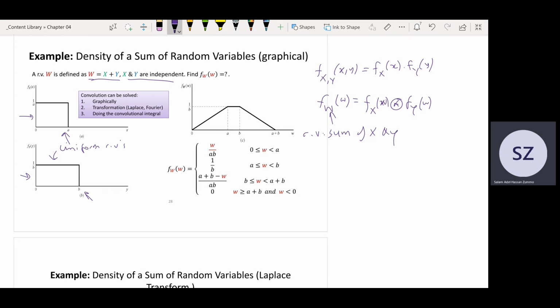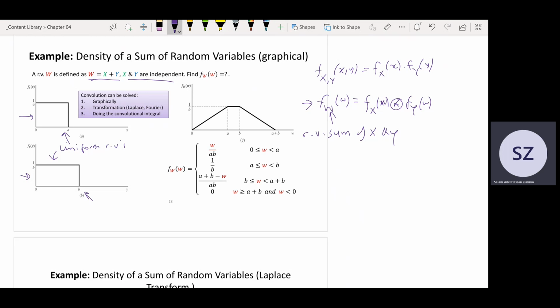Let's talk about the difference between the PDF of W and the joint PDF. The PDF of W is the convolution of the PDF of X and Y. W here is the sum, a single value.